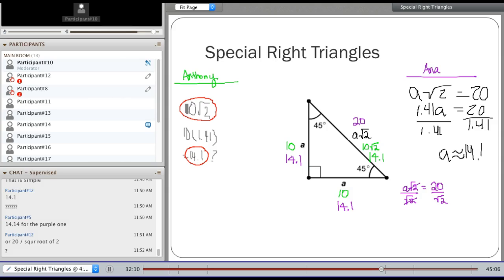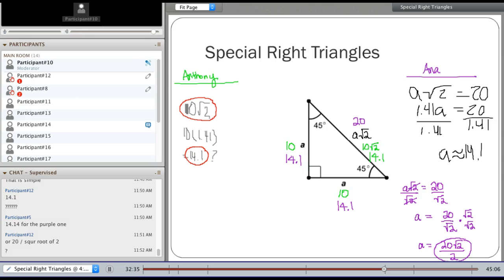You get 1.41. So the same rules apply to the square root of 2. So we get A equals 20 divided by the square root of 2. And then we want to use that trick where we multiply by the square root that we're trying to get rid of. So the best way to write this answer would be 20 times the square root of 2 all over 2.